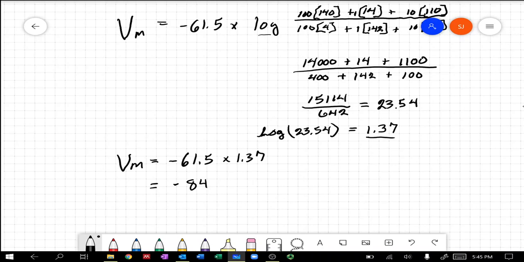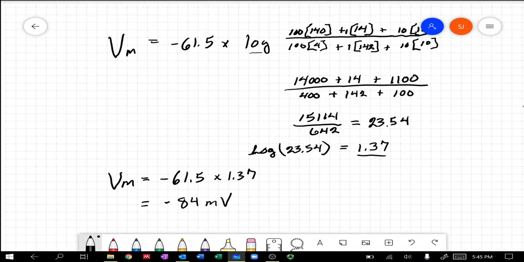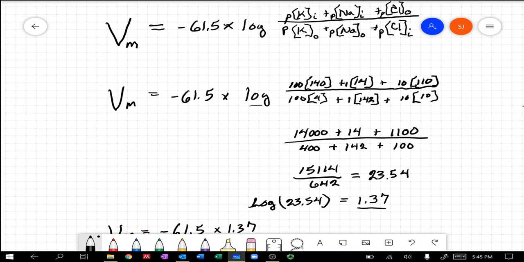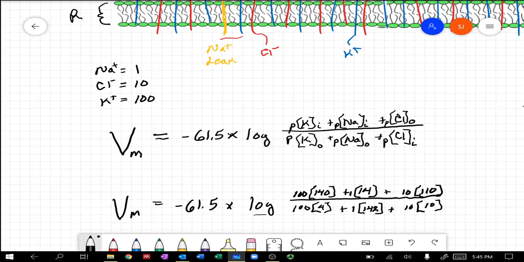I'm going to round it to 84 millivolts. So that's what we would see with those concentrations and these permeabilities across the membrane. So this is how we would get a resting membrane potential.